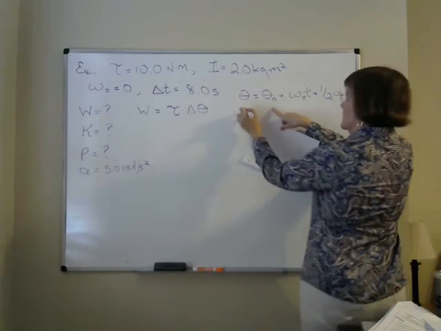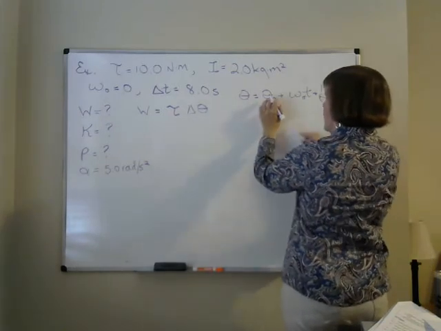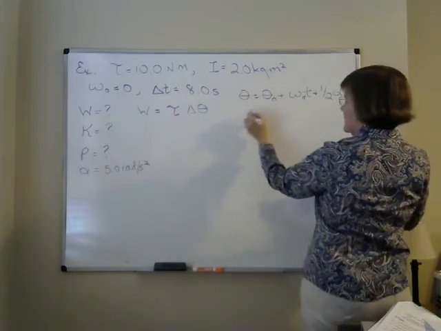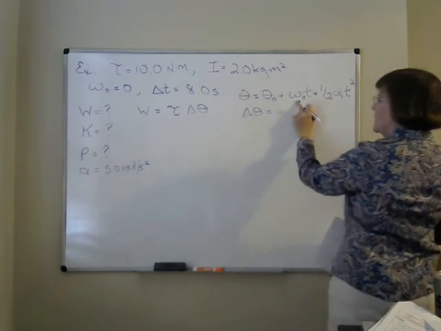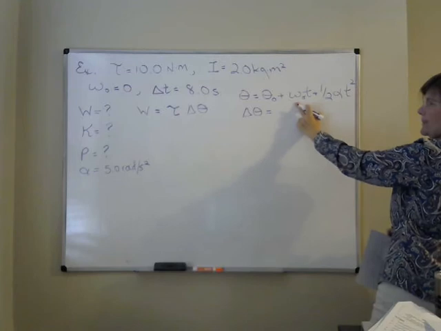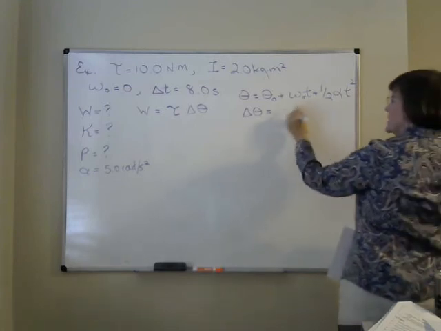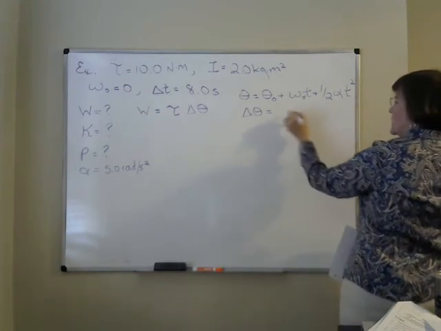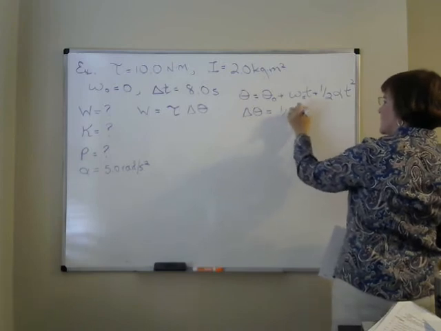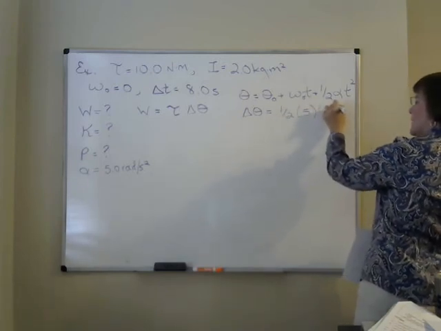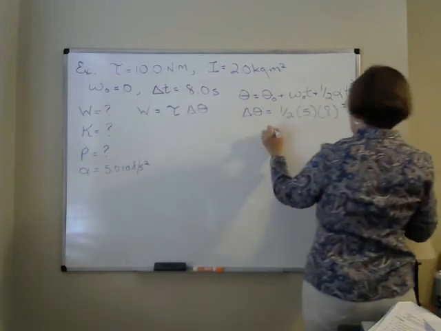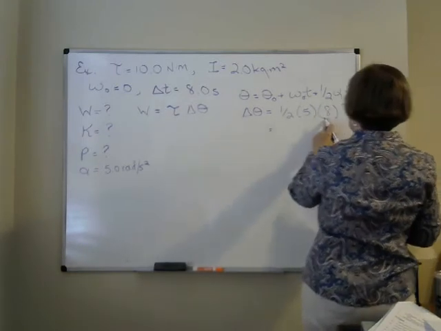I want theta. I really want displacement, which is theta minus theta 0. So this displacement is going to be, well, omega 0 is 0. So it's just going to be 1/2 alpha t squared. That's 64.